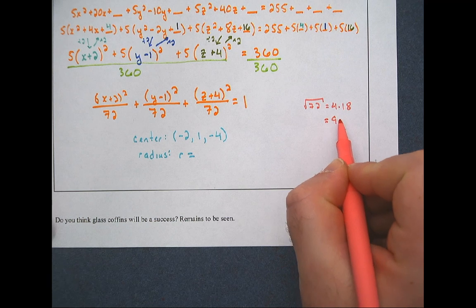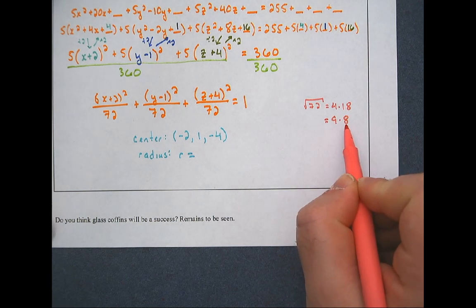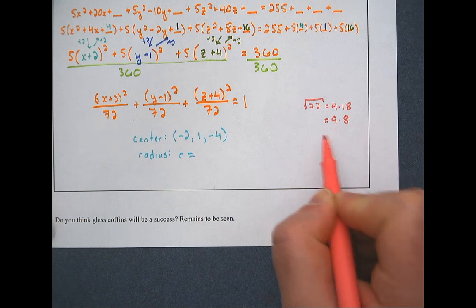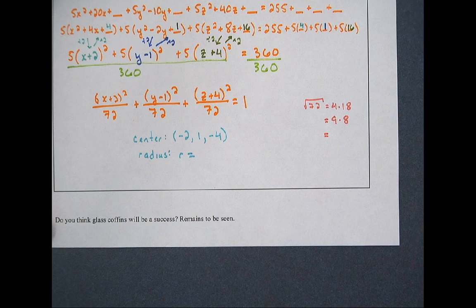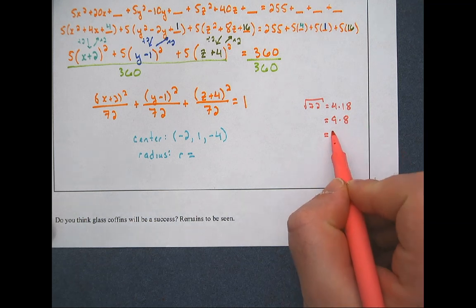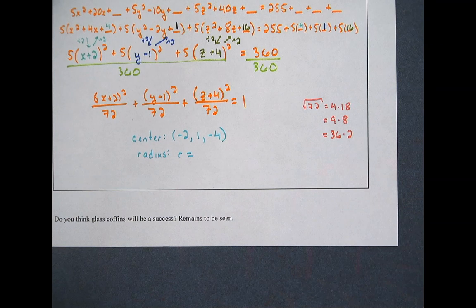The next perfect square is 9. 9 times 8. This can be broken down again, or you can think about it, is there a perfect square that still goes into 8? And if there is, you can find a better choice. 72 is not divisible by 16, so that's out. I know it's not divisible by 25, and yep, 36 times 2. Now look, 2 is prime, so we can't go any further there.